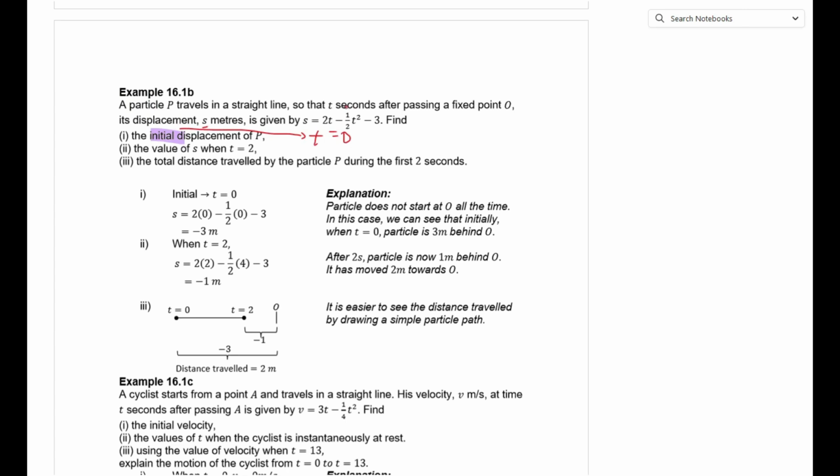So you simply sub t equals 0 into your given equation of s to get -3 meters. This tells you that the particle starts off 3 meters behind point O.